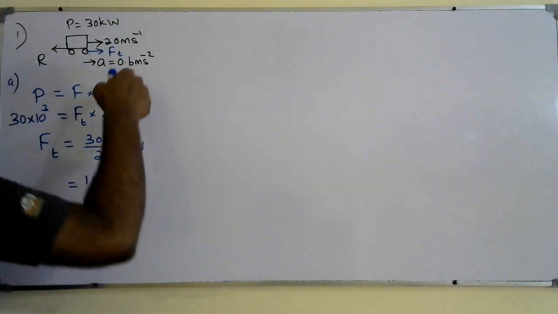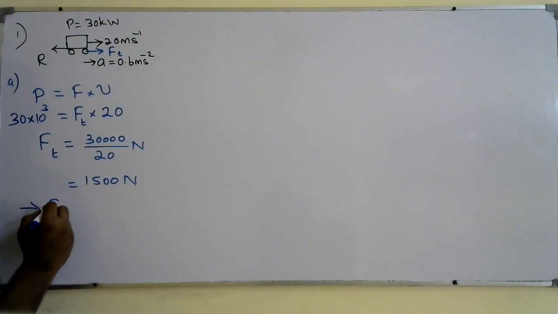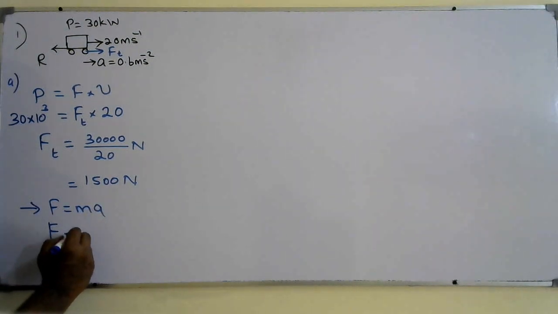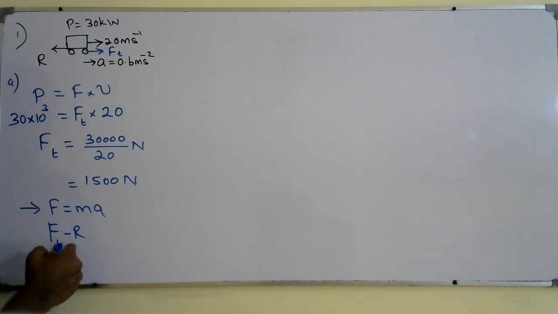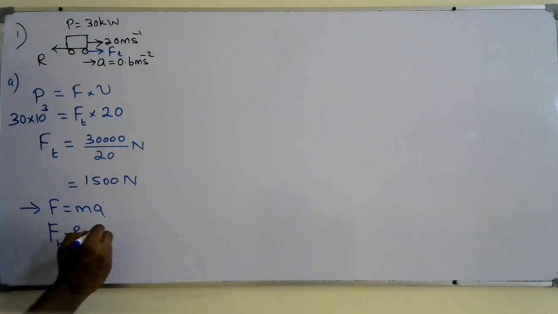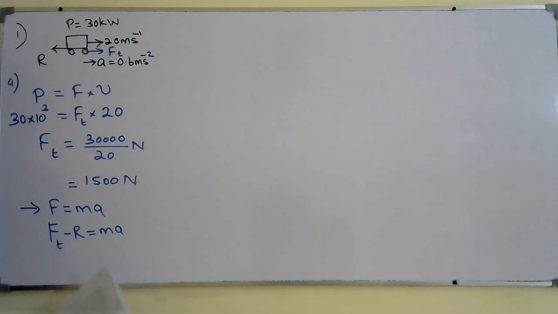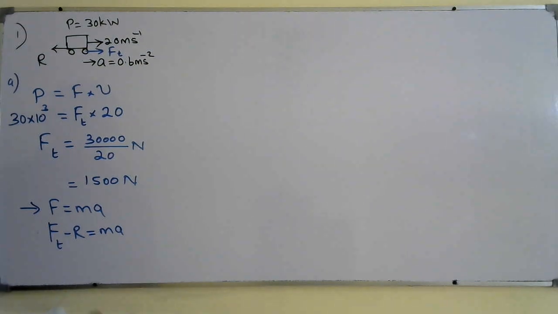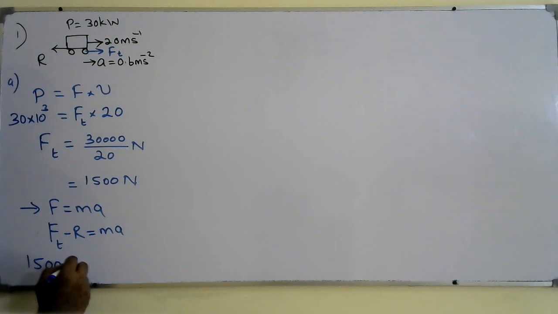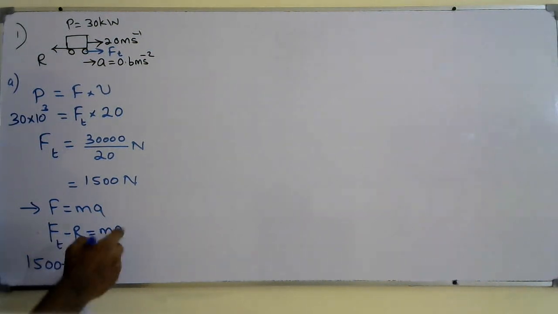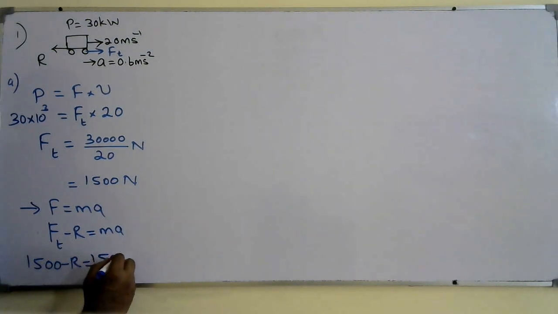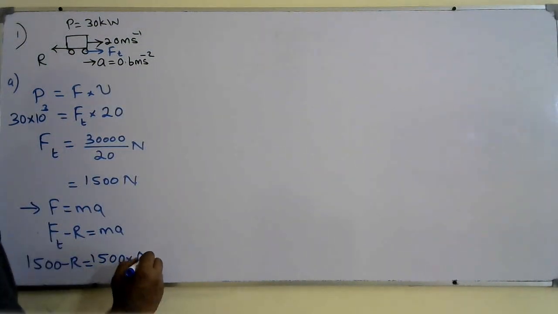Now we know the acceleration along the direction of motion, so we'll use F equals ma. The forces are forward thrust minus R, since the resistive force is opposite to the direction of motion, equal to ma. The mass of the truck is 1500 kilograms. So 1500 minus R is equal to 1500 times the acceleration 0.6.